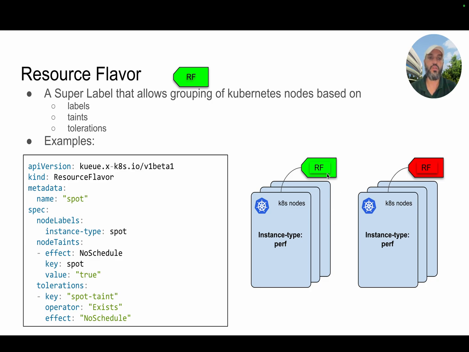When you create a resource flavor, you define the node labels that the resource flavor will select. You can specify a set of node labels, and all the nodes that match these labels will be grouped within this resource flavor.